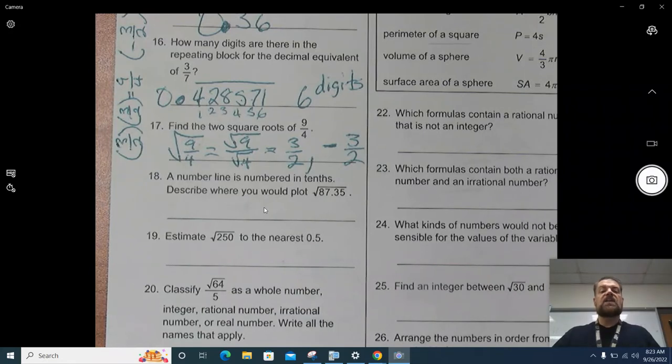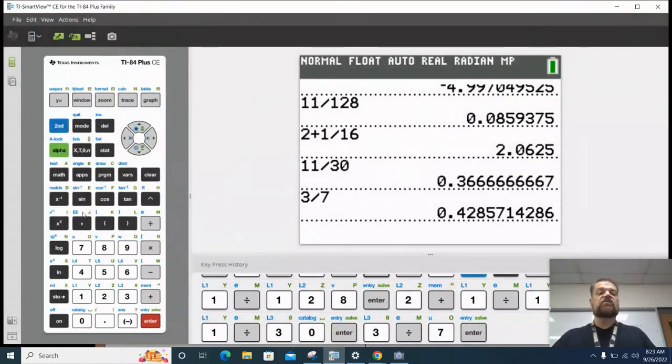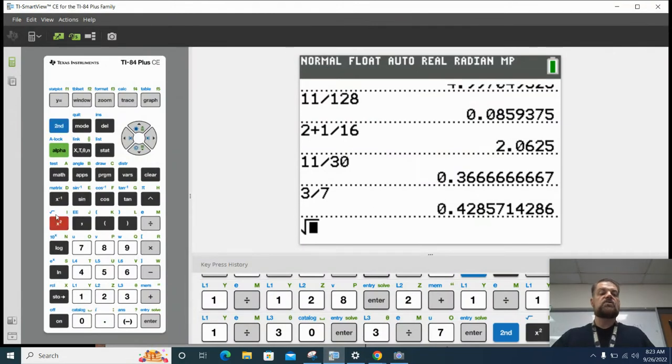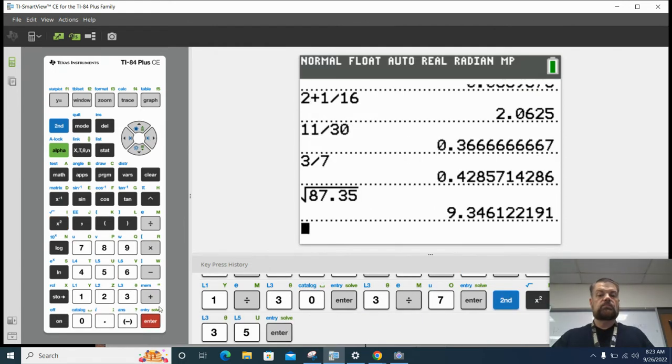Number 18, the number line is numbered in tenths. Describe where you would plot this number. Well, we got to take the square root of it first, so let's figure out what it is. Second square root button. What was that number? 87.35. And it's in tenths.